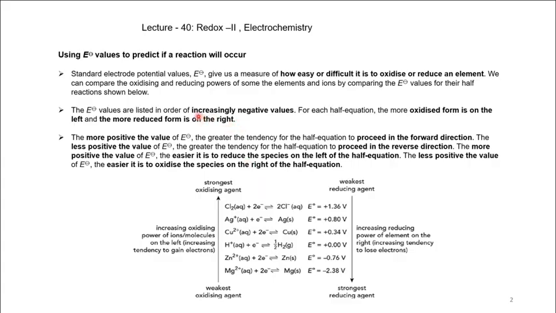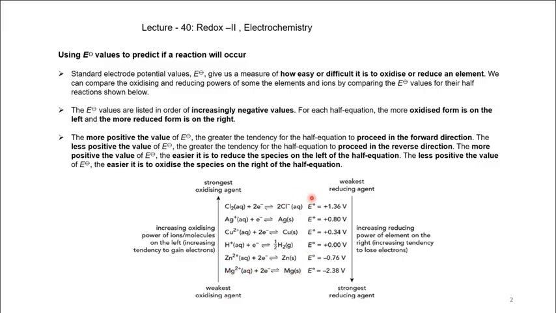You see that these values are listed in order of increasing negative values, for each half reaction. This is a reversible half reaction. This is another reversible half reaction.